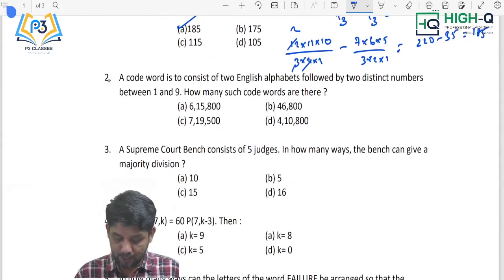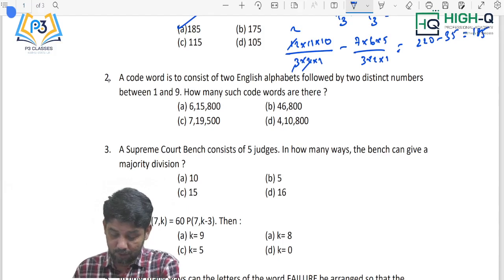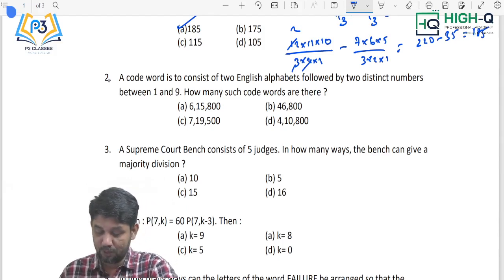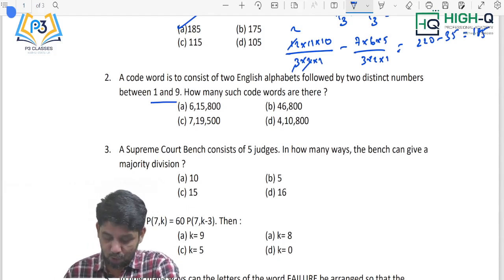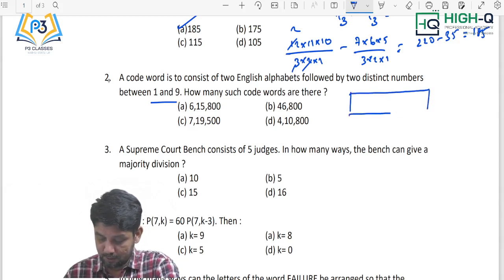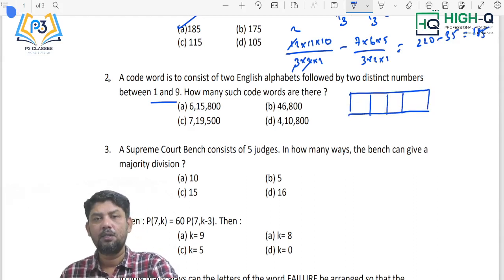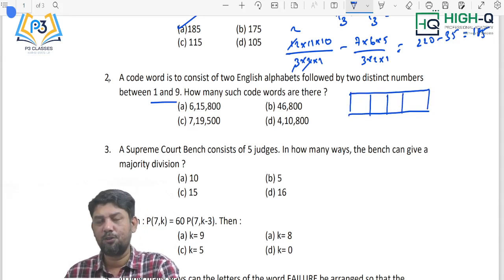Second, a code word is to consist of 2 English alphabets followed by 2 distinct numbers between 1 and 9, so 0 is not included here. How many such code words are there? It's a 4-character code word.